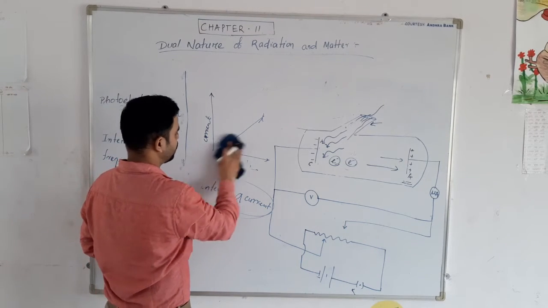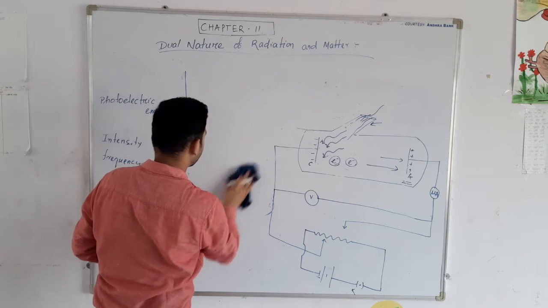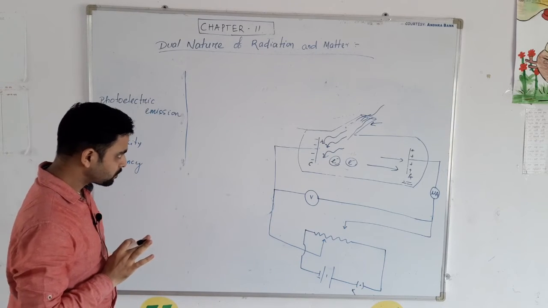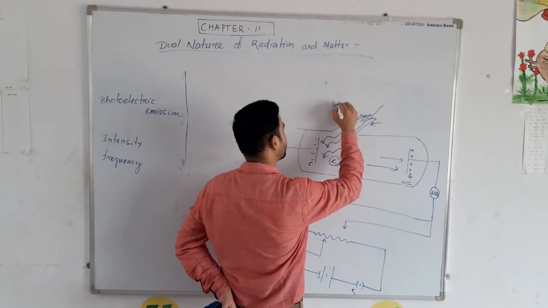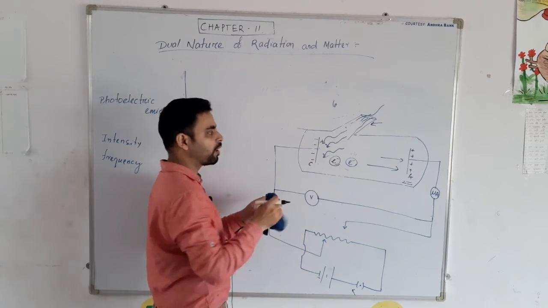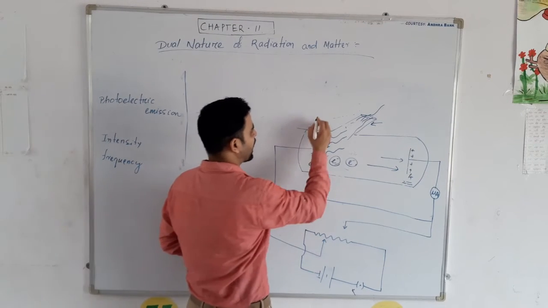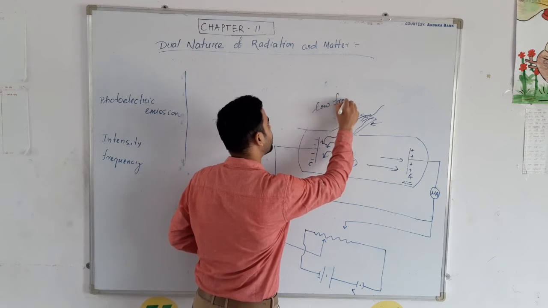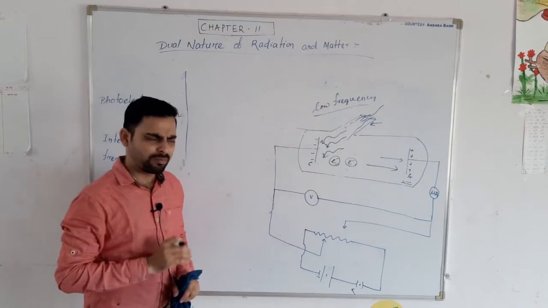Next thing, we experimentally observed that, suppose I have increased the intensity. In this experimental setup, suppose I have taken low frequency light. The frequency of the light is very low.